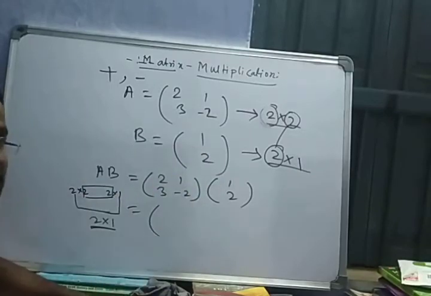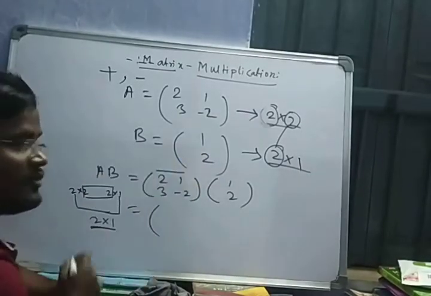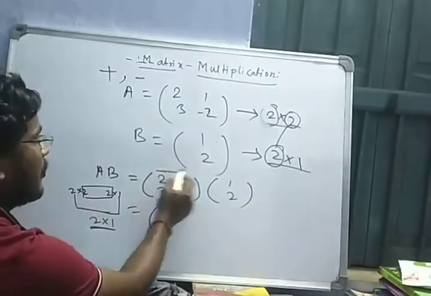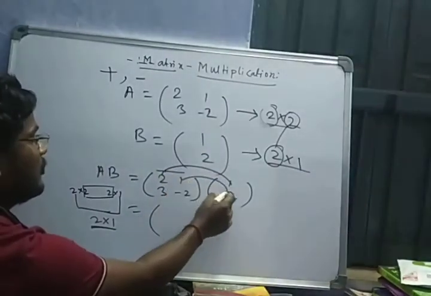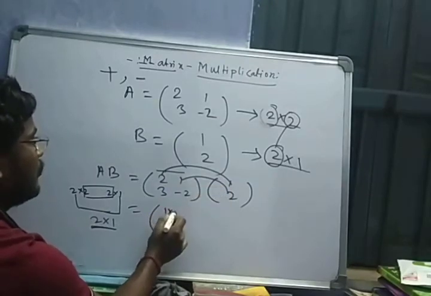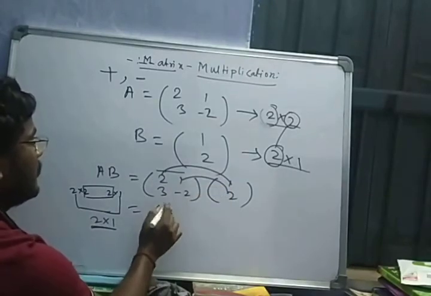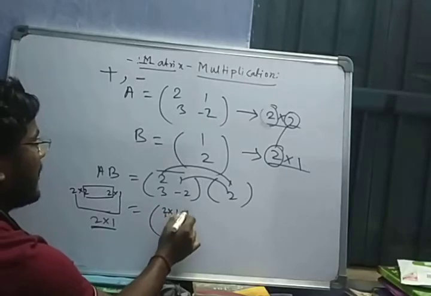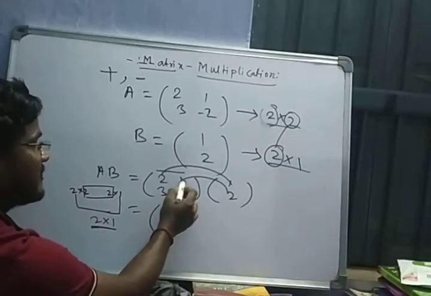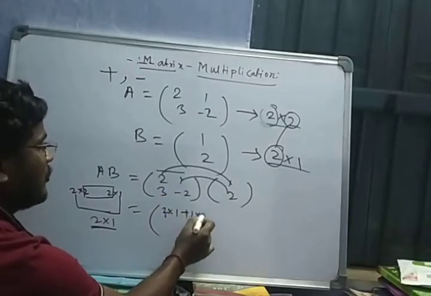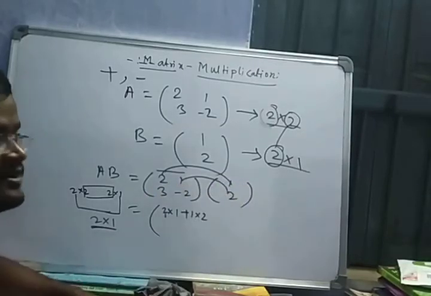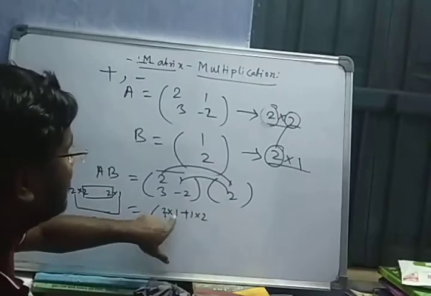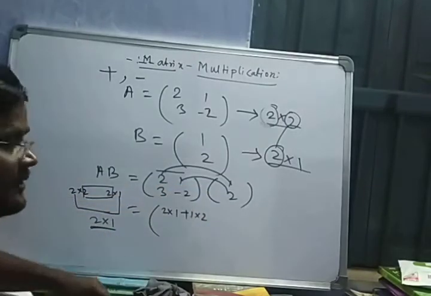Now, the multiplication rule is, first you take a row into a column. That is 2 into 1, plus, in the middle it will always be plus, 1 into 2. Then this row will multiply with another column, but since there is only one column, you just multiply here. Now it's complete.